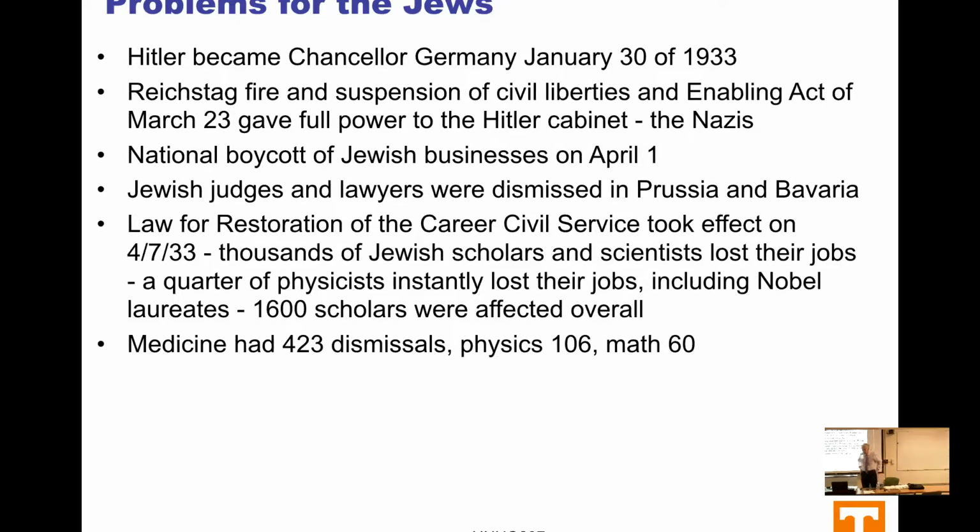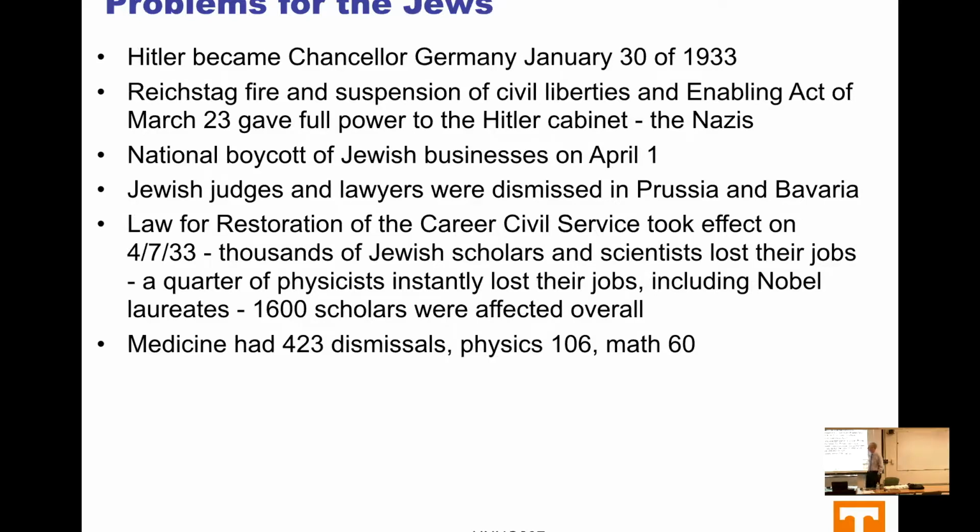Hitler became Chancellor of Germany in January 1933. There was the fire, the Reichstag. Some people say set by the Nazis. By that fire, he was able to go to the parliament, so to speak, and have them grant him full powers because of this national emergency.